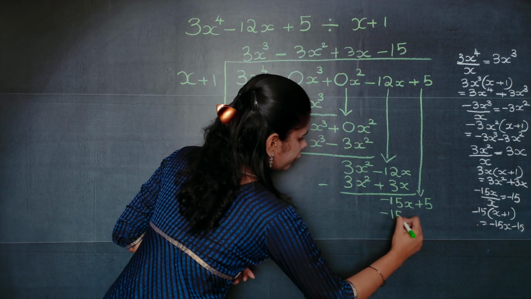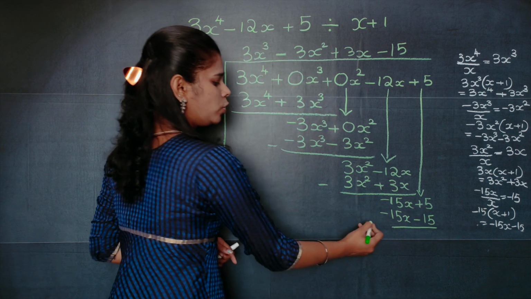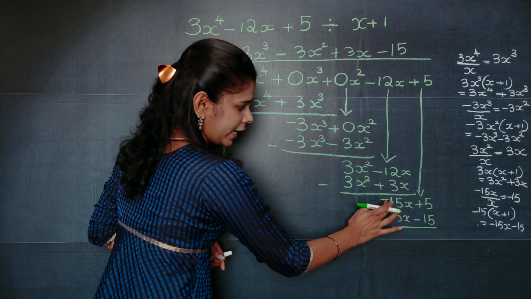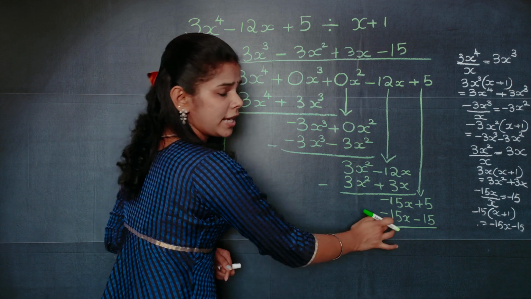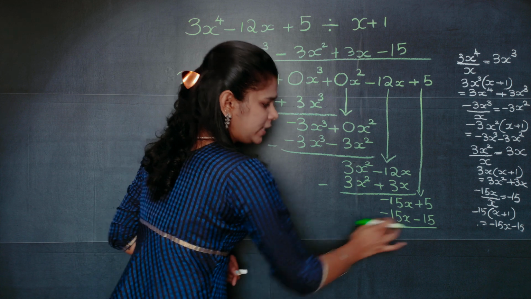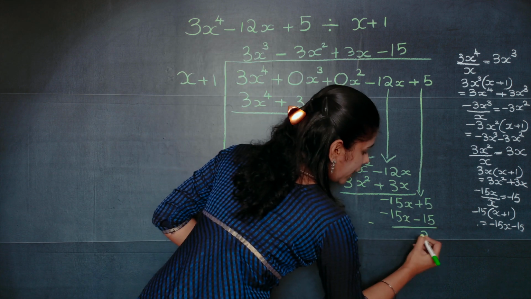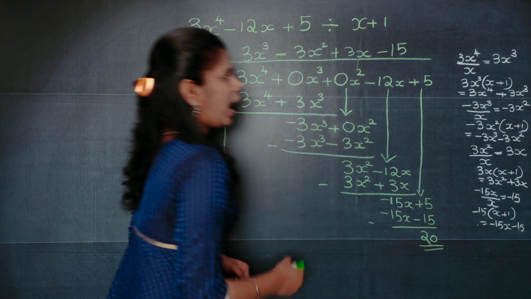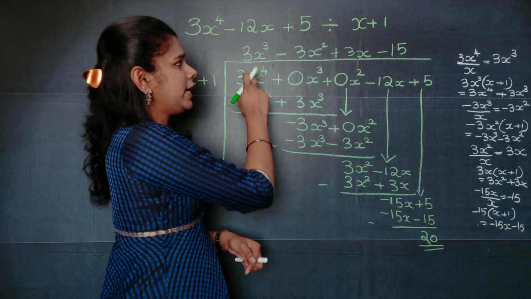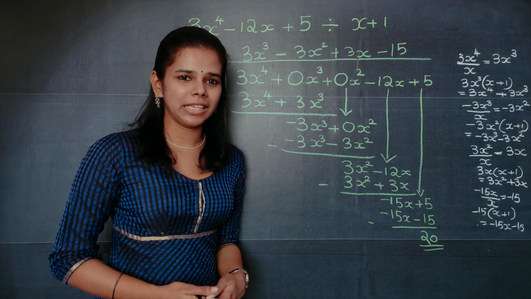So negative 15x minus 15. So here when you subtract, you can say negative 15 minus negative 15 becomes 0. 5 minus negative 15 becomes 5 plus 15. So your remainder is 20, and your quotient is 3x cube minus 3x square plus 3x minus 15.